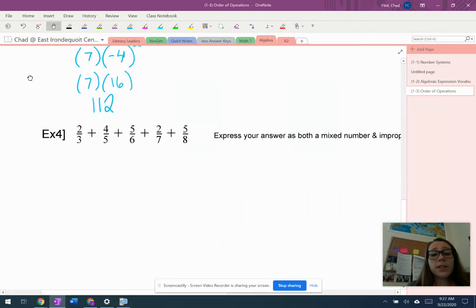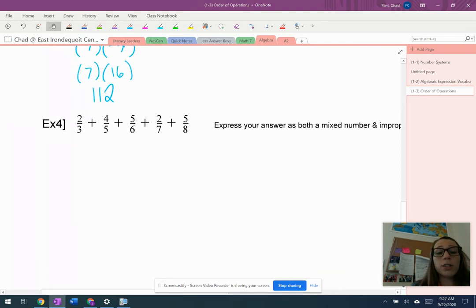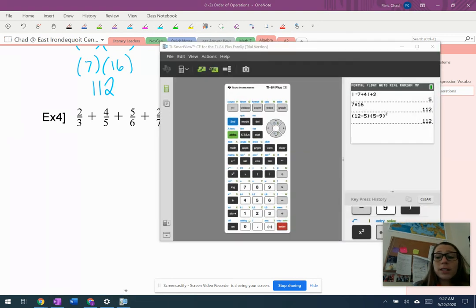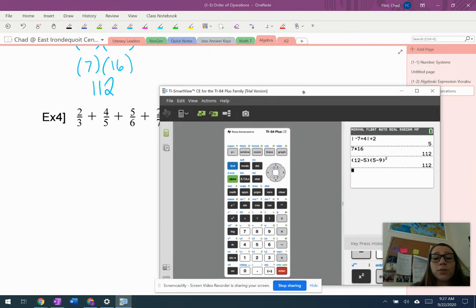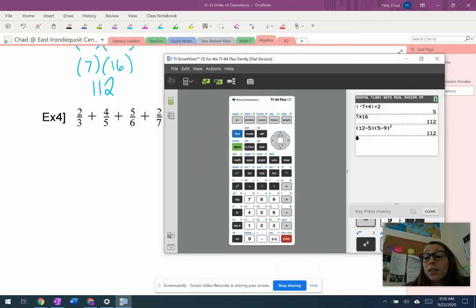Now, last but not least, this fourth example, asking us to express our answer as a mixed number and an improper fraction. This is a hot mess that I actually would recommend you just plug right in the calculator. Don't even bother trying to do this by hand unless you really, really want to. So, fractions in the calculator, keeping in mind they need to be put in parentheses. So, parenthesis, 2 divided by 3, close parentheses, plus 4/5 plus 5/6.